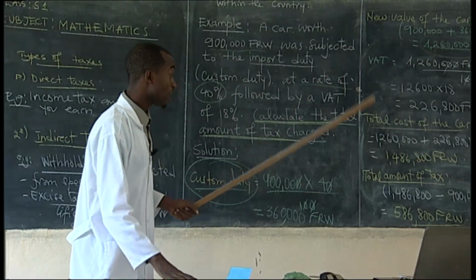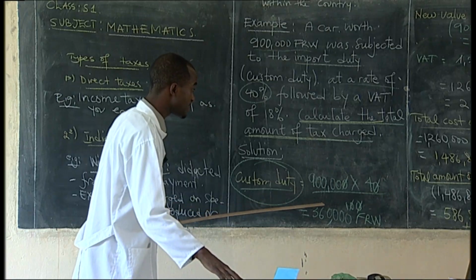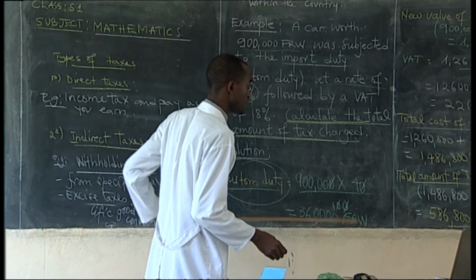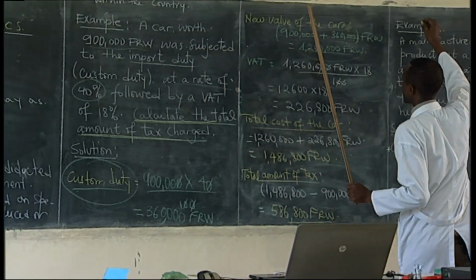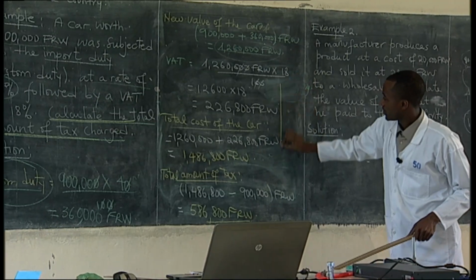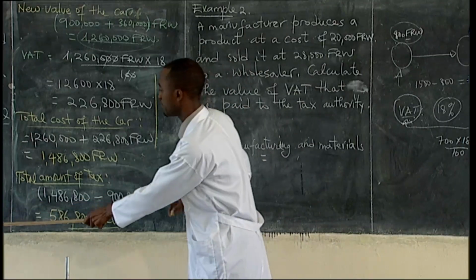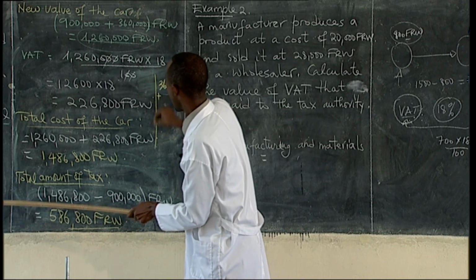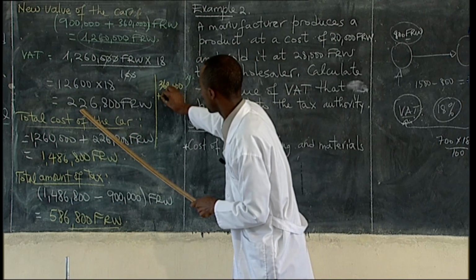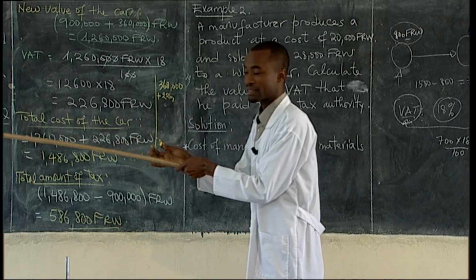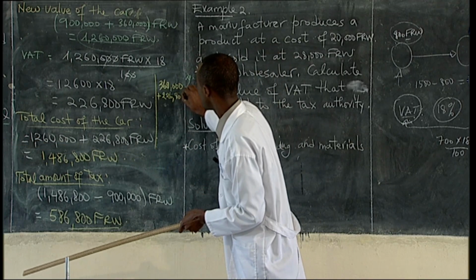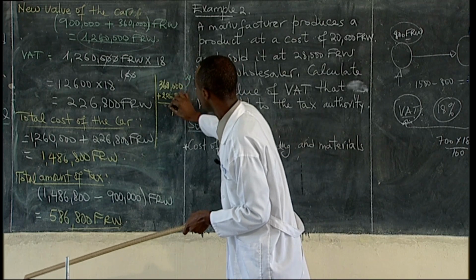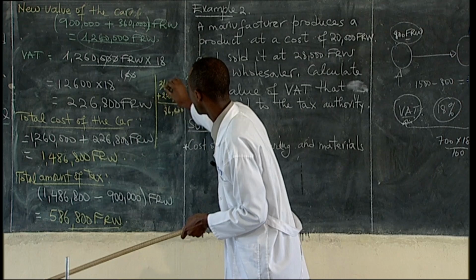There is another way you can calculate that. You can take this money, 360,000, and you add the VAT, 226,800, and you will get 586,800.